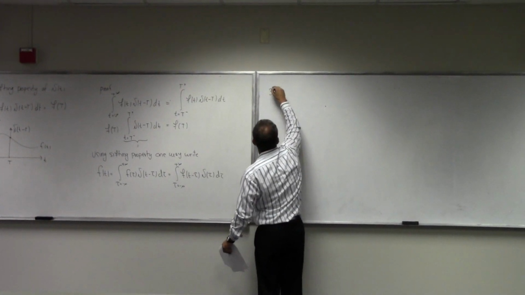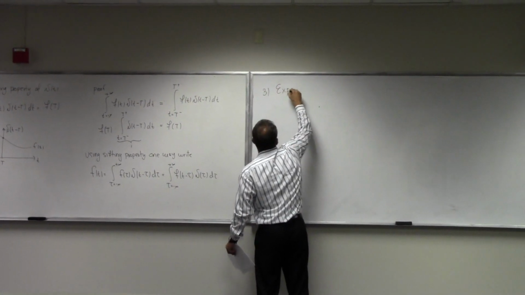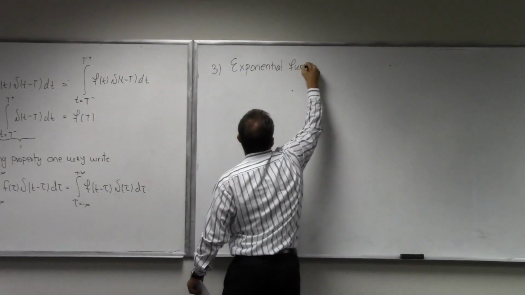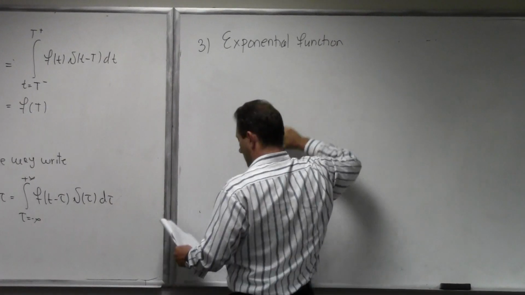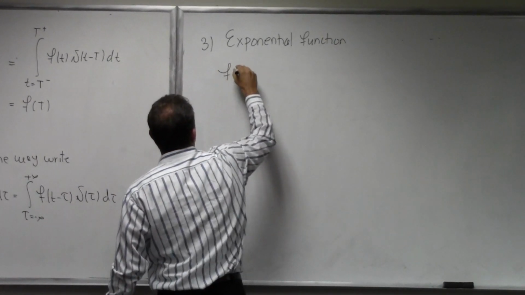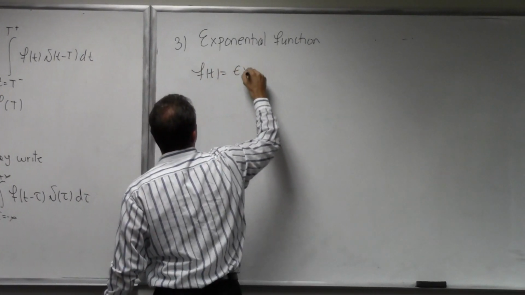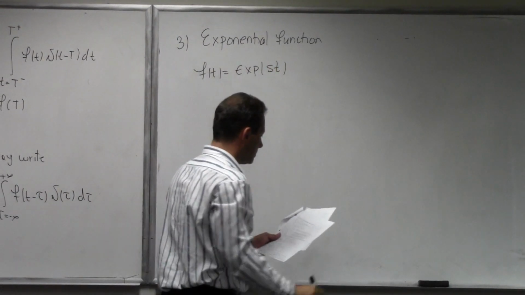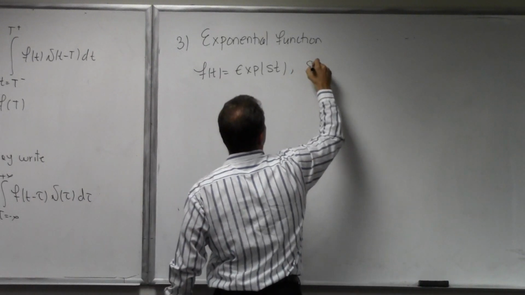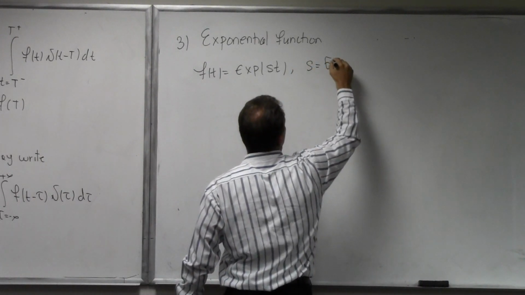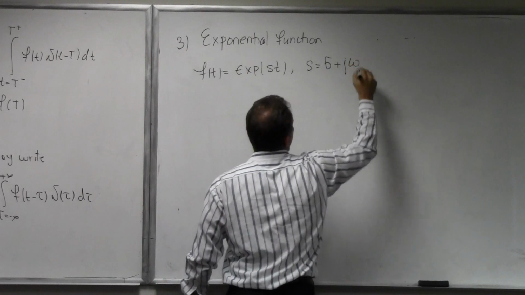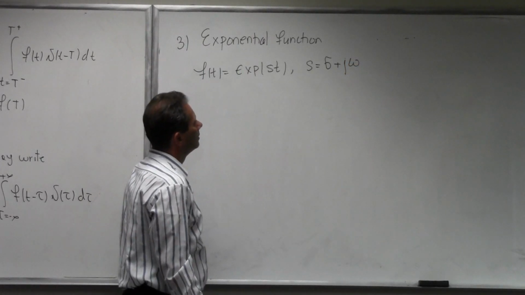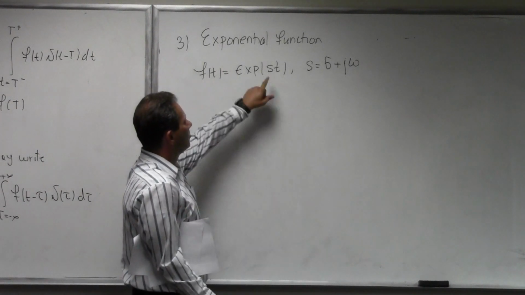So exponential function. f of t is going to be e to the st, right? In this course, this s is a complex number, and it consists of real part plus j omega, where omega is imaginary part. So s is a complex number.